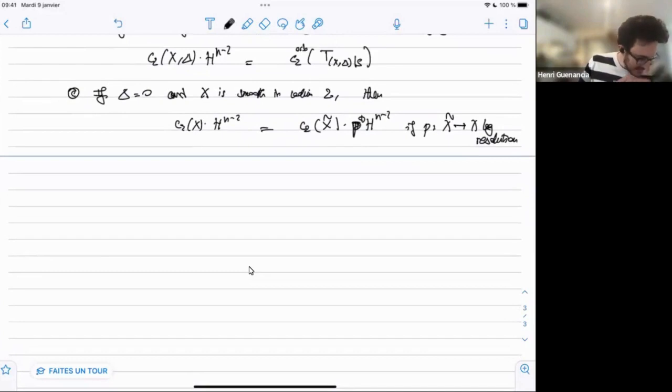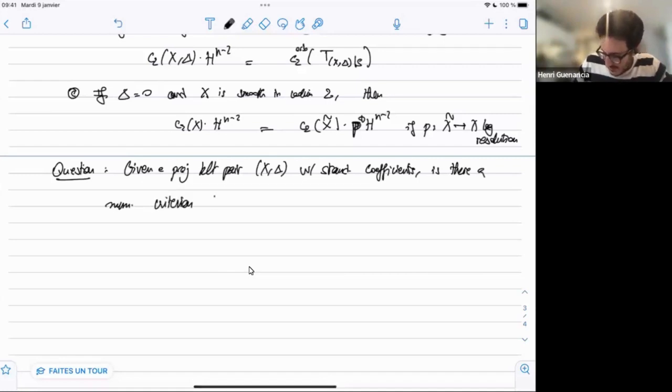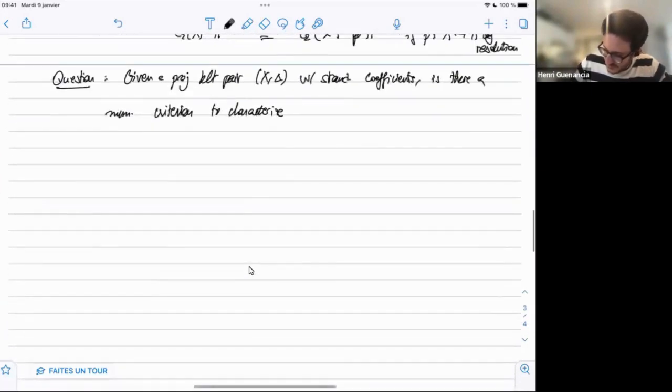Okay, and so given what I've said before, the question that's probably natural is: given a projective KLT pair X delta with standard coefficients, is there a numerical criterion to characterize global quotients?